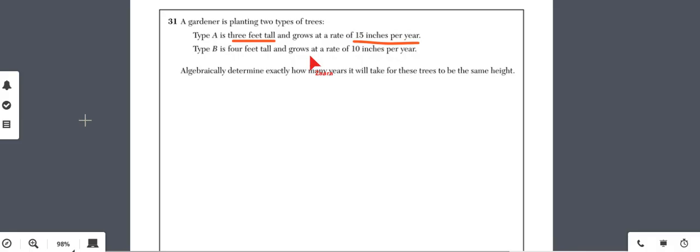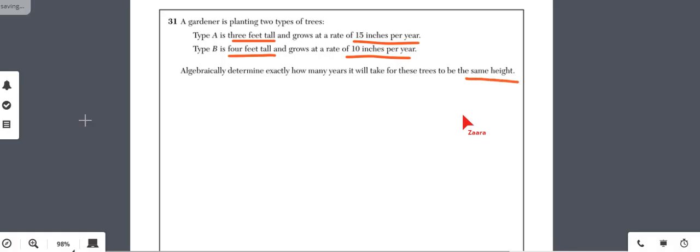Then type B is 4 feet tall and grows at the rate of 10 inches per year. We have to algebraically determine exactly how many years it will take for these trees to be the same height.